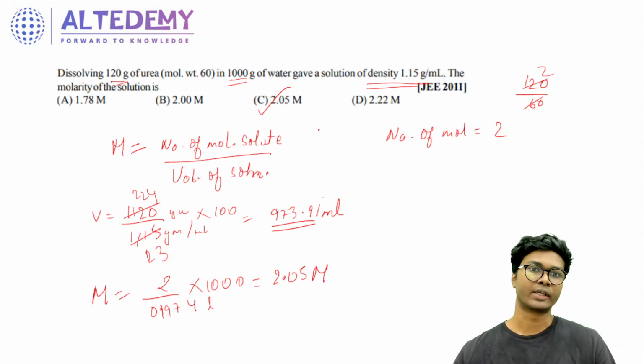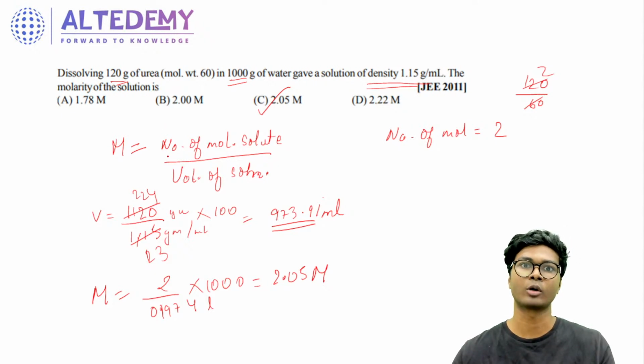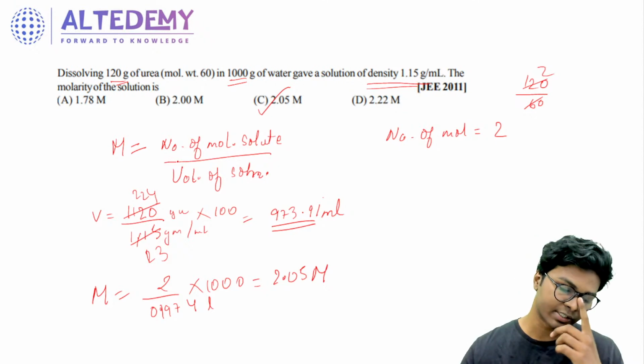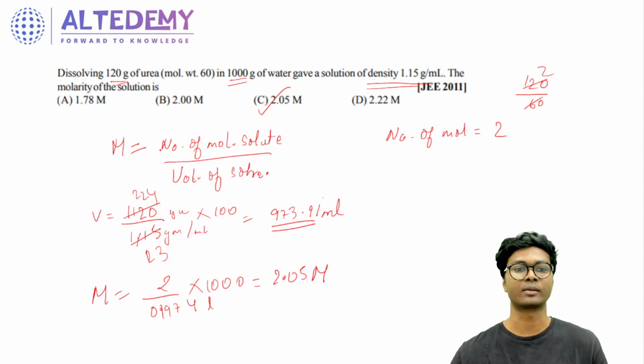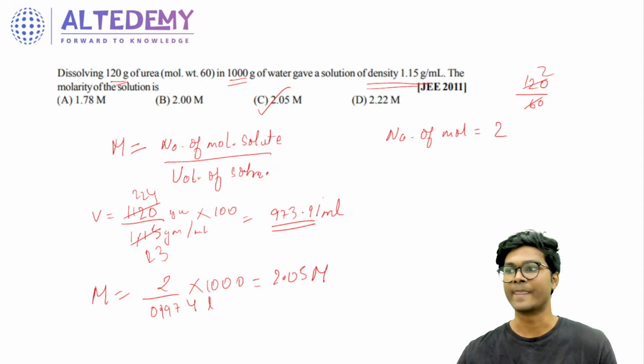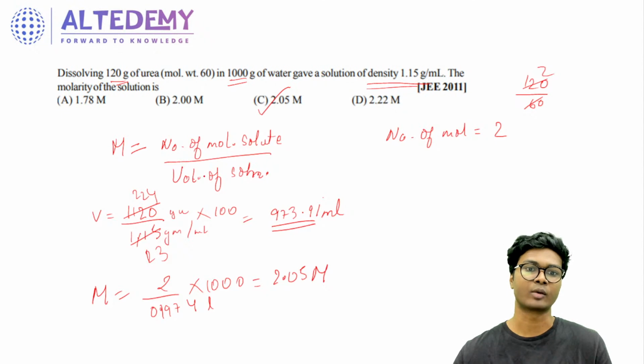See, the questions were pretty easy. If you get stuck, always try to decode from what we say, reverse engineering. Try to reverse engineer the question. The question was asking molarity. So first of all, we wrote what molarity is, and then we know the variables required to find the molarity.